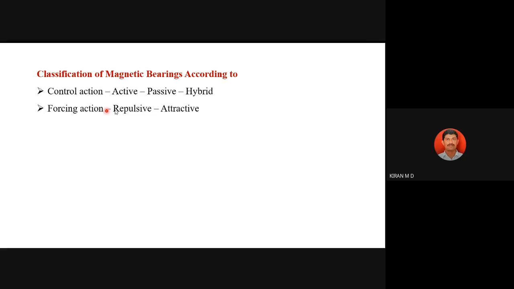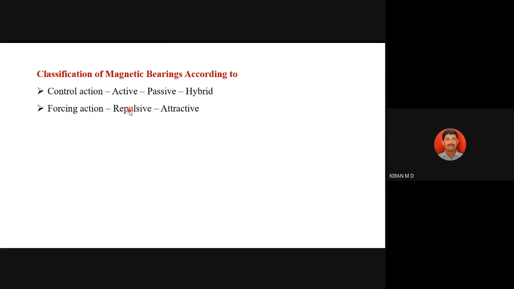Next is classification according to the forcing action: repulsive and attractive. Generally we know the magnetic field, right? North pole, south pole. If north and north meet, they create repulsion; north and south create attraction. We use both in electromagnetic bearings.